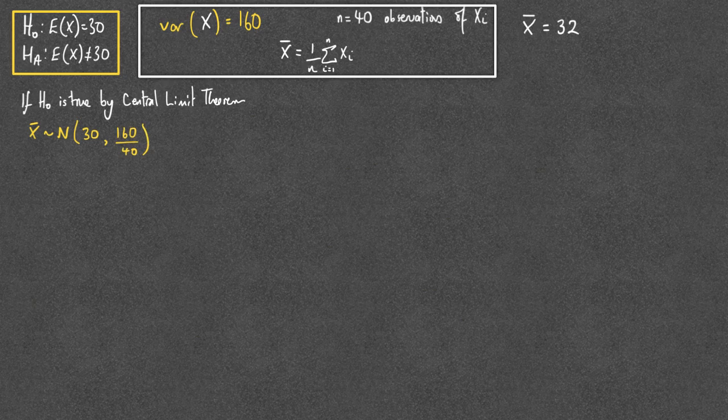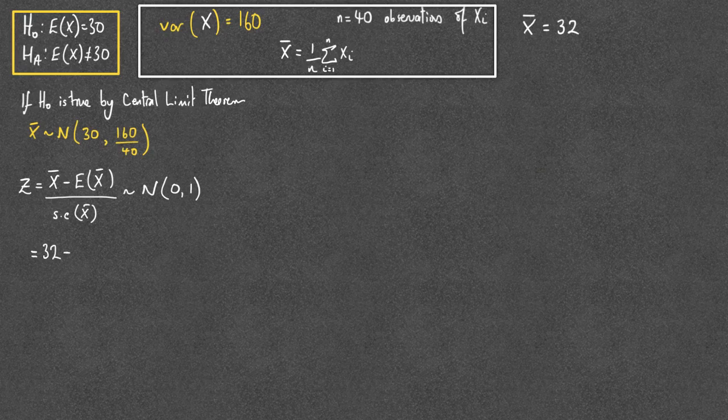So, if we want to test this null hypothesis, we're going to need to construct a z statistic. And remember, z will be equal to x bar minus the expectation of x bar divided by the standard error of x bar, and that would be distributed normally with expectation 0 and variance 1. So substituting in our numbers, we've got that x bar is equal to 32.